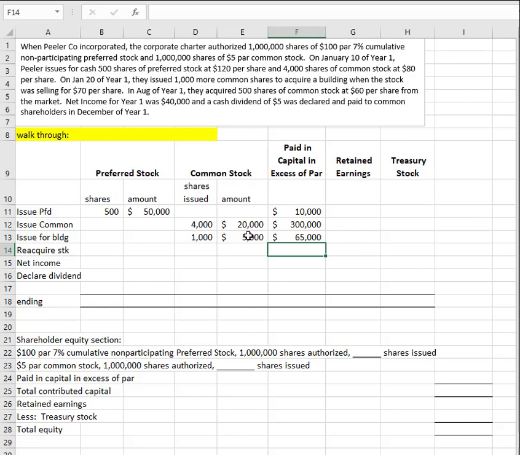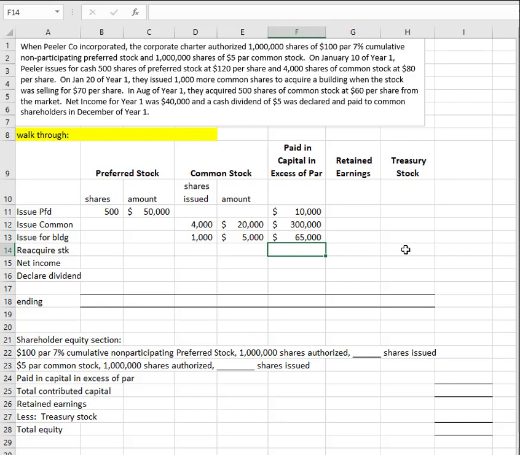Good. All right. Then they acquired shares from the market. They are repurchasing their own shares in the market. That contracts contributed capital. When you issue shares, contributed capital gets bigger. When you buy them back from the market, it contracts contributed capital.